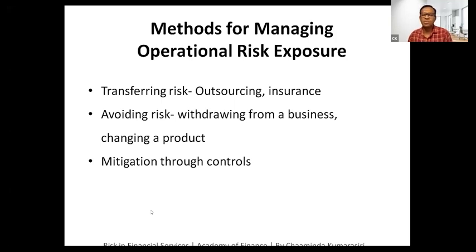So the preventive controls are those that prevent the risk materializing. They will not allow the risk to materialize. So one example is if there is a possibility of staff entering incorrect data to the system, you can have a preventive control, some data validation rules you can introduce.